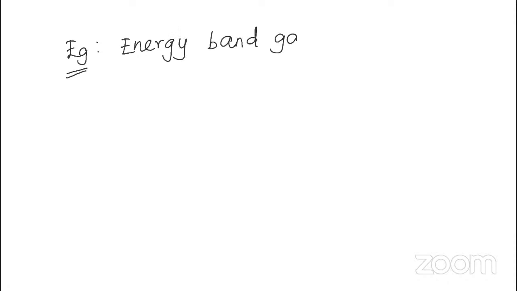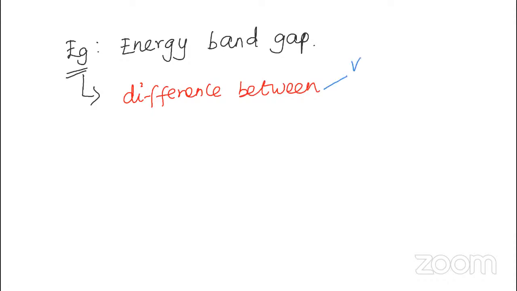Eg is the difference between the valence band and the conduction band.